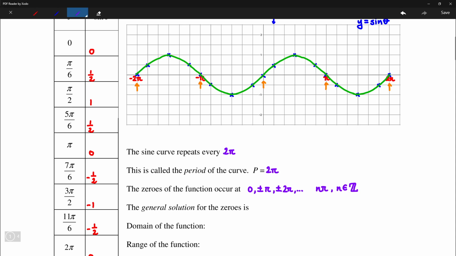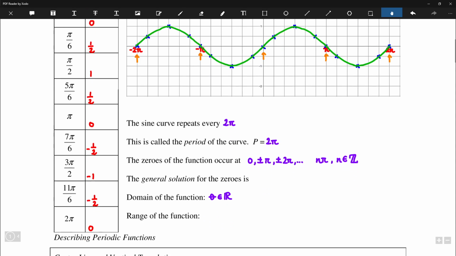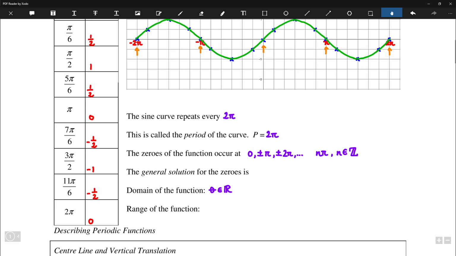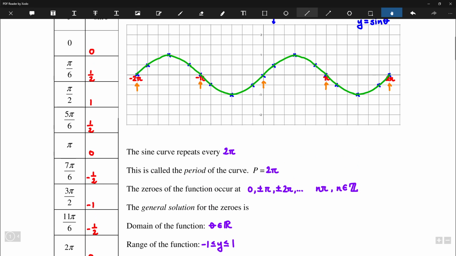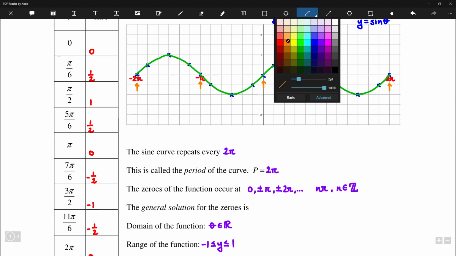Okay, and that's, of course, the general solution. The domain of the function, theta, is an element of the real numbers. There is no restriction on theta. However, there is a restriction on the range, and that is between negative 1 and 1. Also of note is the center line of this function.